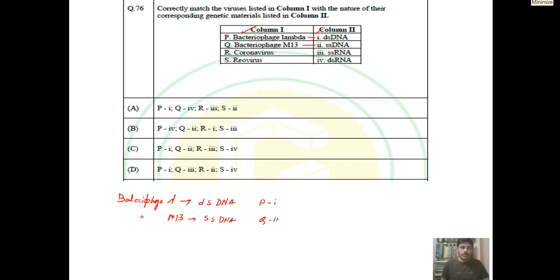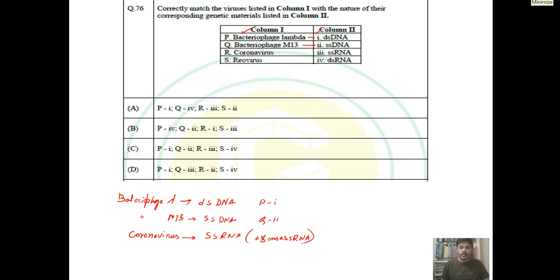Now coronavirus. If we see the coronavirus, its genetic material is a single stranded RNA, and specifically it is a positive sense single stranded RNA.